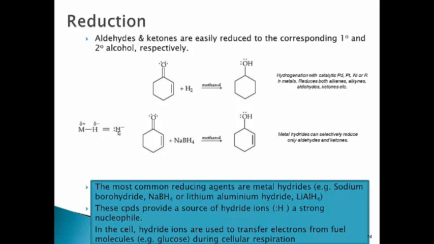So the reactivity is basically equal to that. So what we know is that our metal hydrides will reduce our carbonyl to our alcohol, but it won't touch any alkenes or alkynes that are in the molecule. The metal hydrides are a source of H-, which is a very, very strong nucleophile.